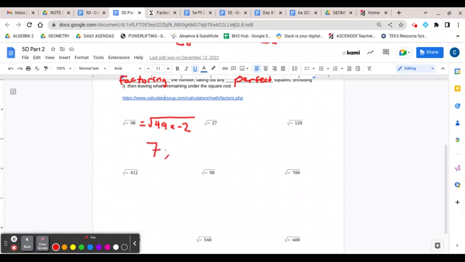Okay, so now we're left with 7 times the square root of -2. The square root of -2 can't really be simplified anymore, but we have a negative on the inside, which means we can have an i on the outside. So what this simplifies to is going to be 7i root 2. And that would be the simplest form of writing that.